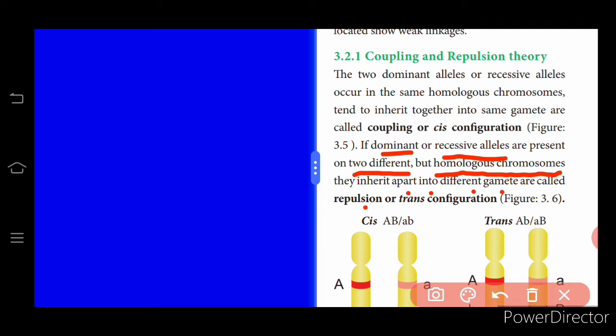You have to learn it like the definition. When they inherit together, it is coupling, cis configuration. And if they are not inheriting together, it is called repulsion or trans configuration.